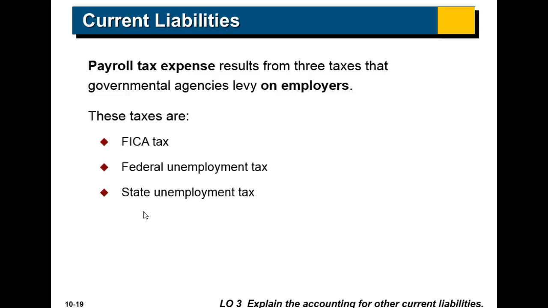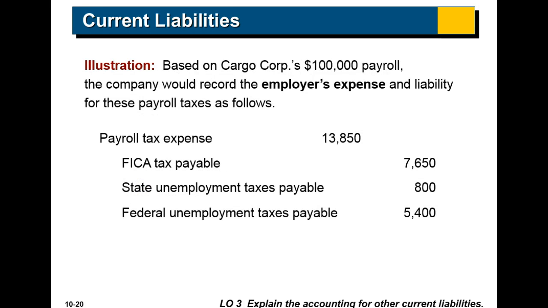There's a fund that is set up for those people who do get laid off, and every employer has to pay into that fund. So FICA taxes from the employer, federal unemployment and state unemployment are these payroll taxes that the employer pays that the employee will never see.